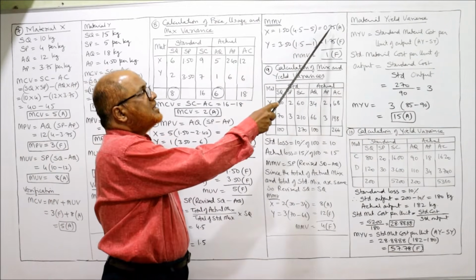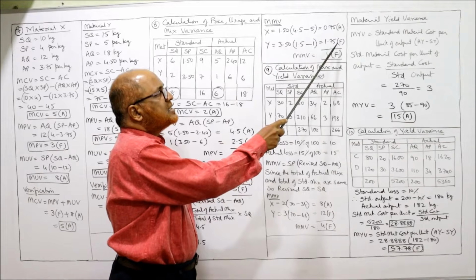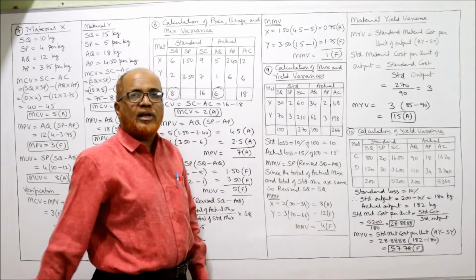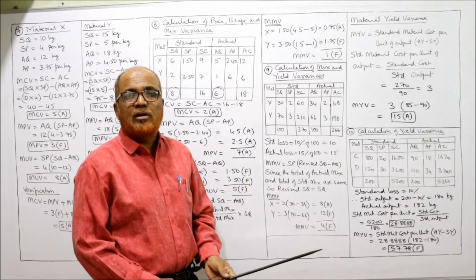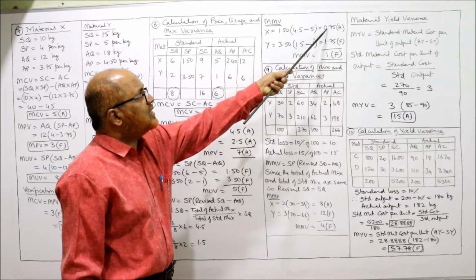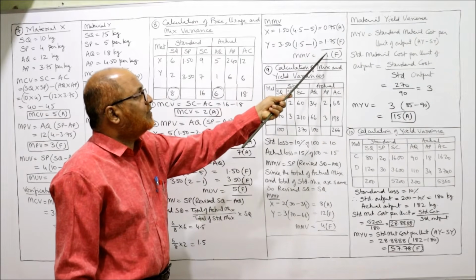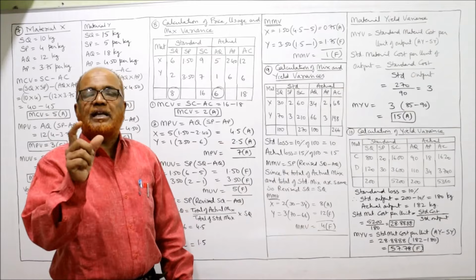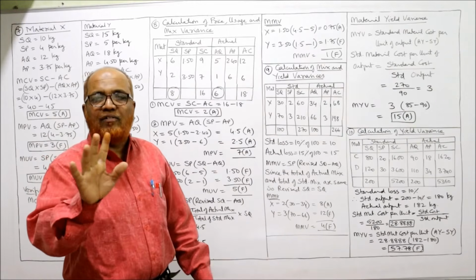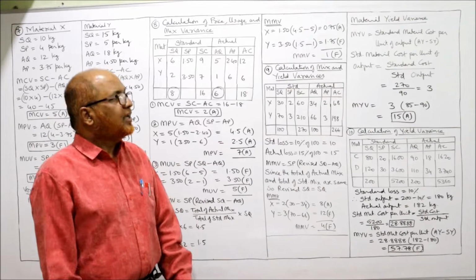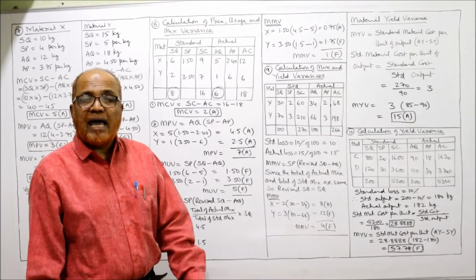Now here 0.75 adverse, 1.75 favorable. Which is more here? Favorable is more. So 1.75 minus 0.75, you will get 1 favorable MMV. The material mix variance is 1 favorable. That's it. This is the end of problem number 8.